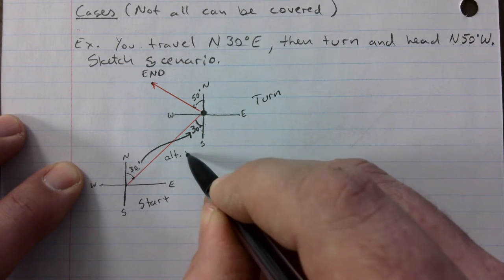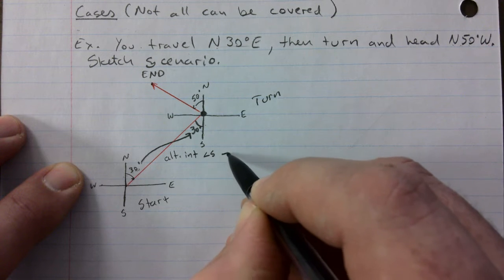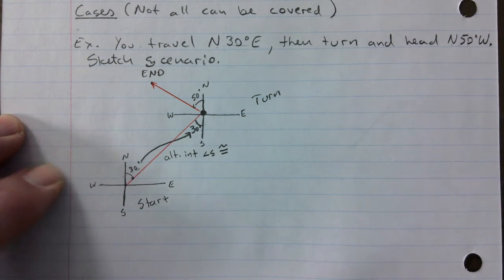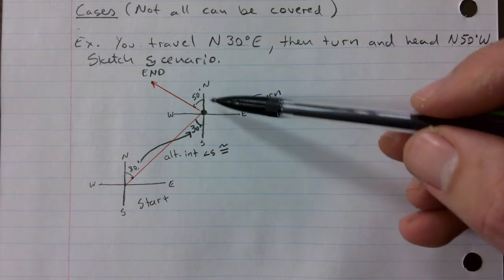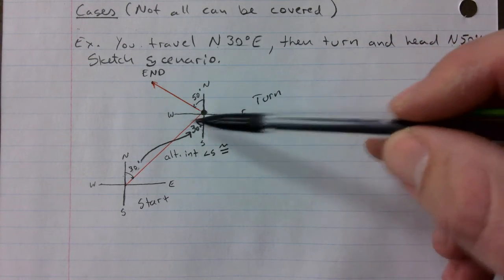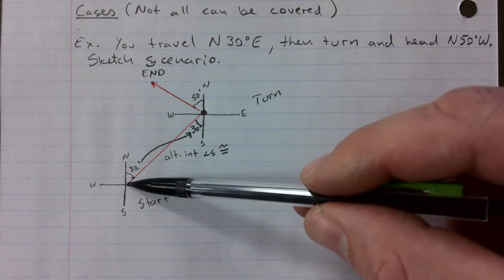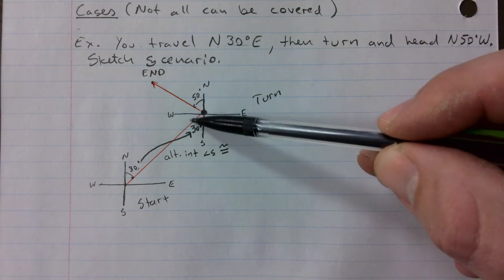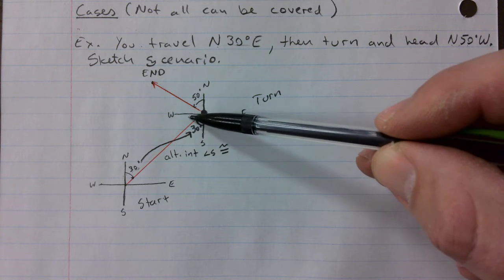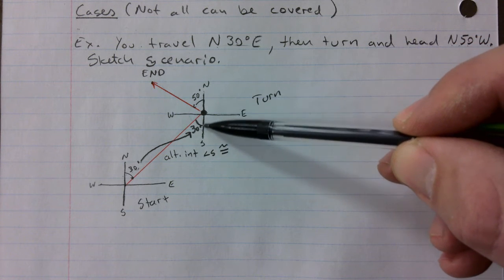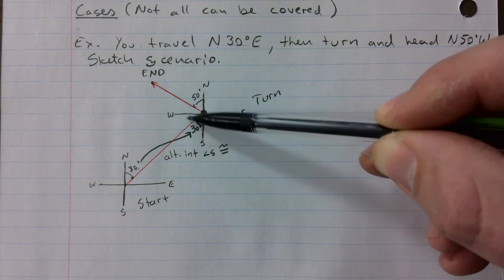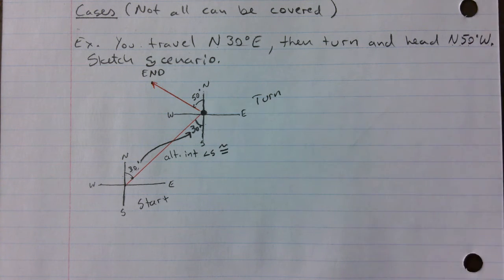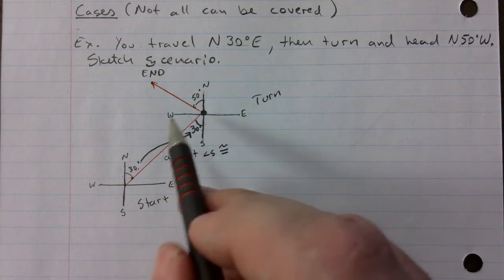Alternate interior angles are congruent. Is there a way now, because we know that the red line is going to be the triangle, to get this angle here? What is this here? Straight line, which is 180. Can we just subtract these two from 180 and then get the inside? Yes.